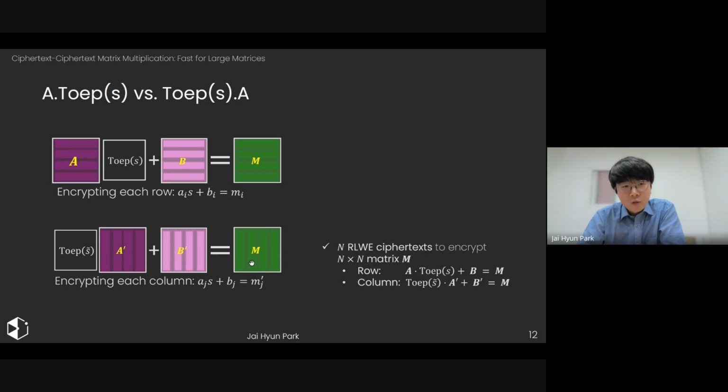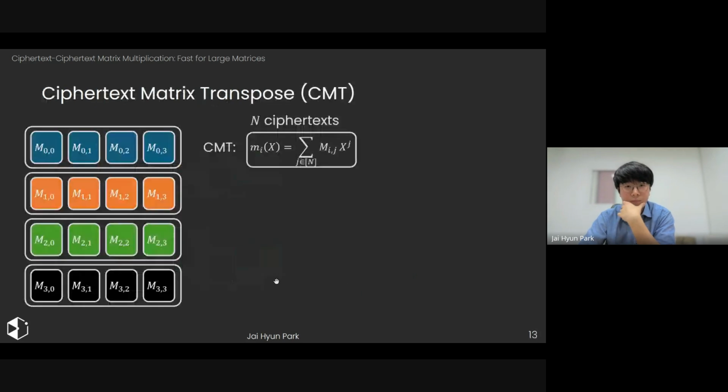The conversion between them is very related to the ciphertext matrix transpose algorithm, the conversion between row-wise encryption and column-wise encryption. So our goal now is to understand how to do ciphertext matrix transpose for large matrices.